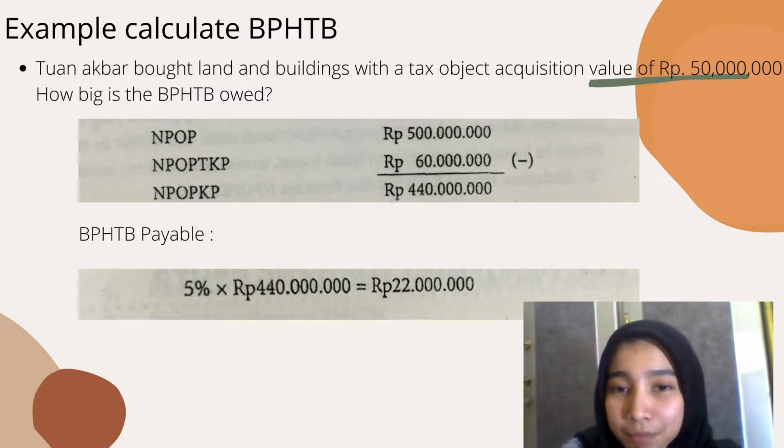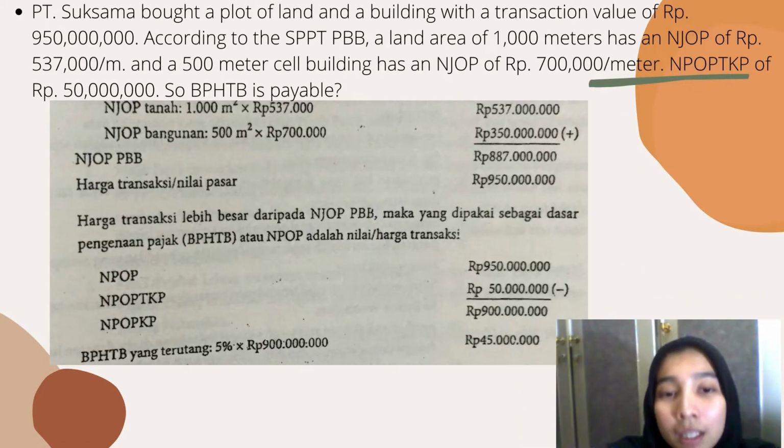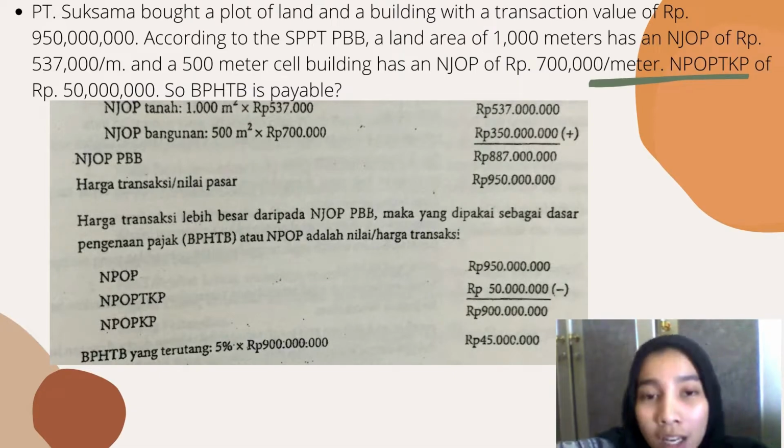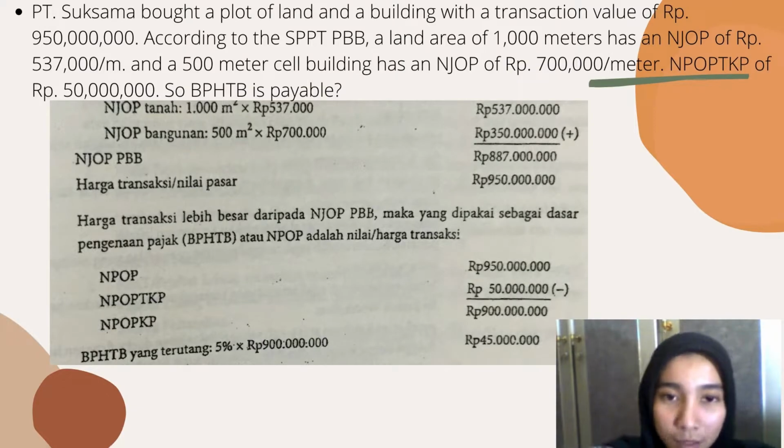5% times the NPO value about the NPOPKP. So we must determine the NPOPKP value from the tax object and sales values.